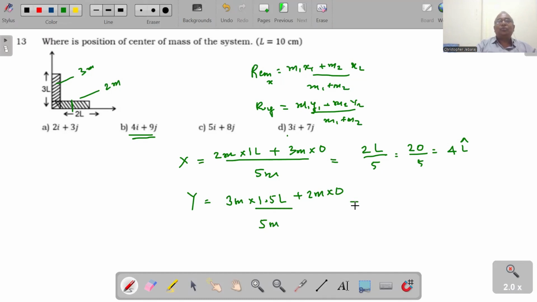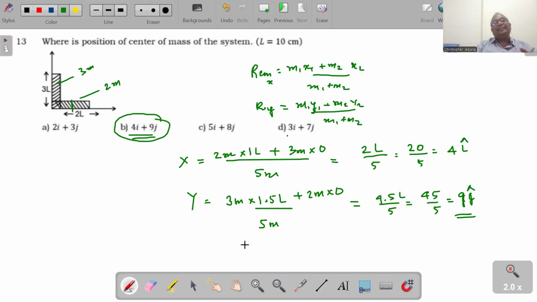So 2 into 3 into 1.5, so 4.5 L by 5, which is 4.5 into 10, 45 by 5, which is 9, along the y axis, so it is j unit. The answer for this question is 4i plus 9j.